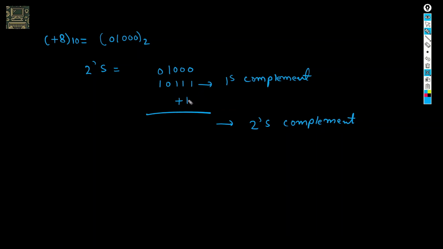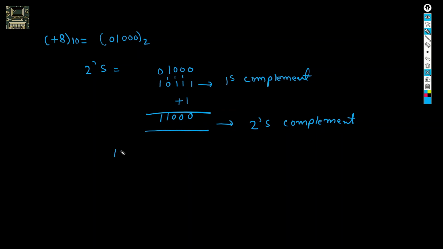So 1 and 1, this is 0, there is a carry 1. 1 and 1, 0, there is a carry 1. 1 and 1, 0, there is a carry 1, so this will become 1 and this will become 1. So 1 1 0 0 0 is the representation of a number in 2's complement.